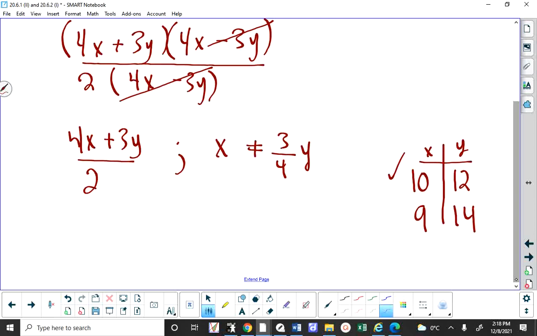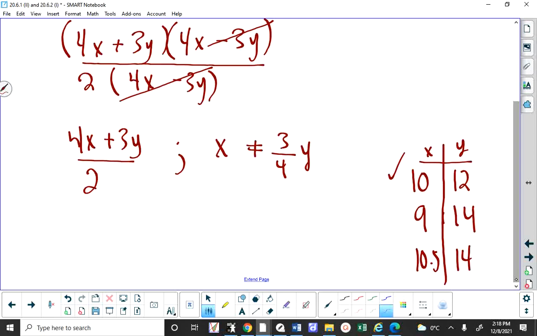If x was 10.5, would I be allowed to use y equals 14? You might want to do a little bit of calculator work there. Wouldn't be allowed, would it?